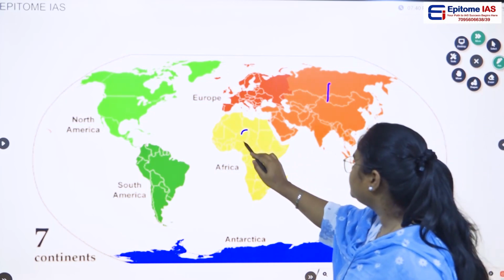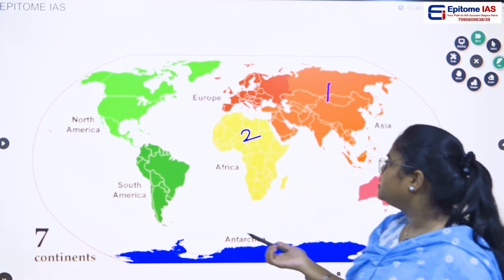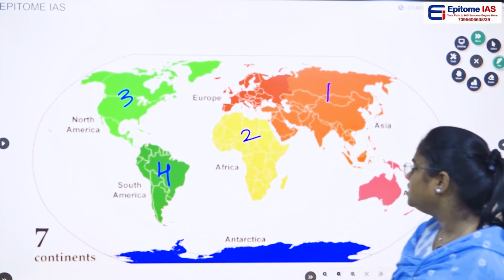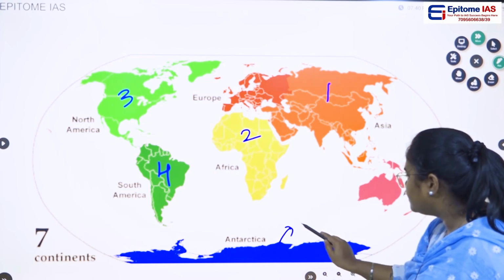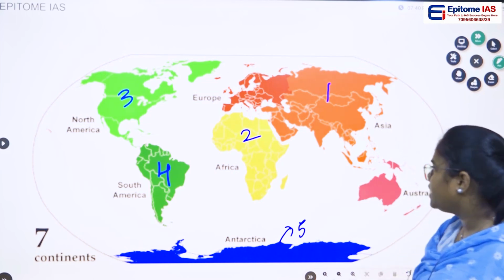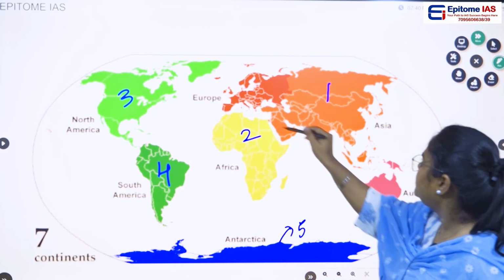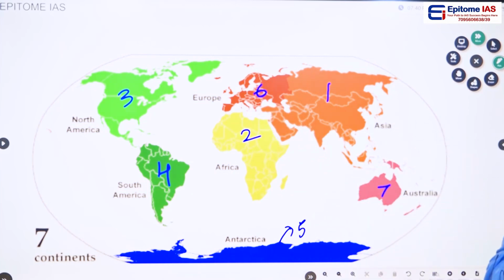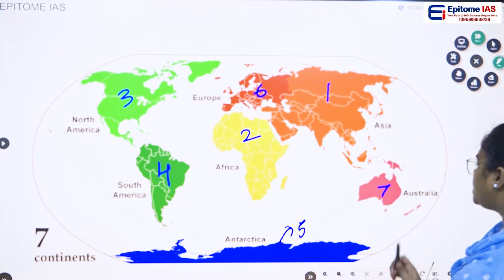Then Africa is the second largest continent. The third would be North America. Fourth would be South America. Then we have Antarctica, the fifth largest. Then we have Europe. Then we have Australia. So this is the order of the continents from the largest to the smallest.